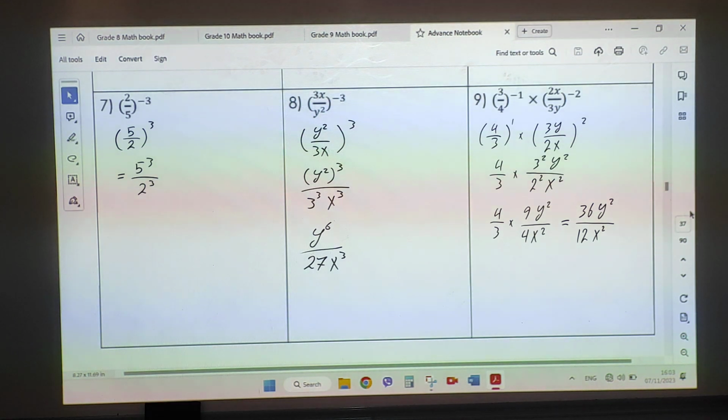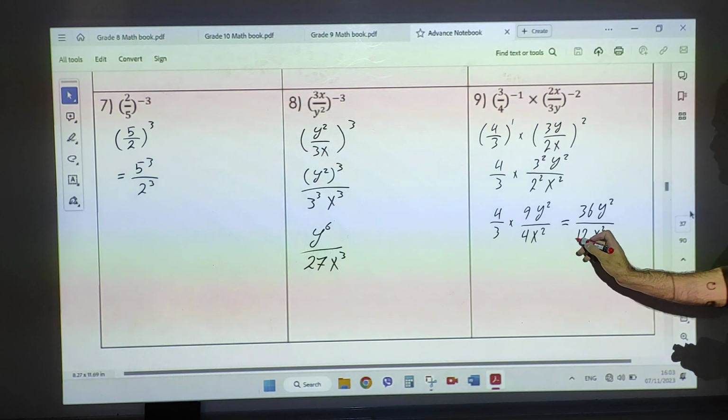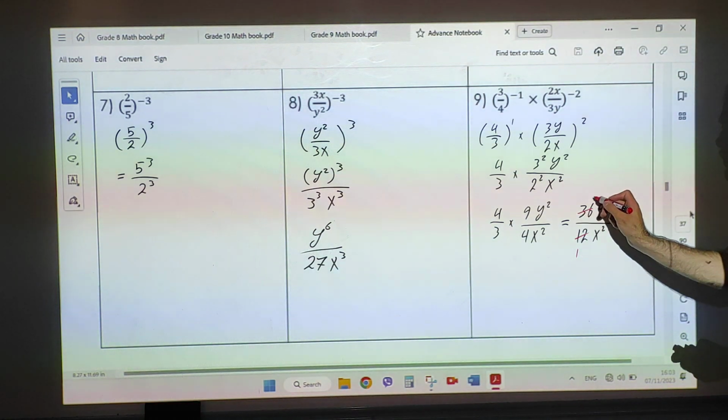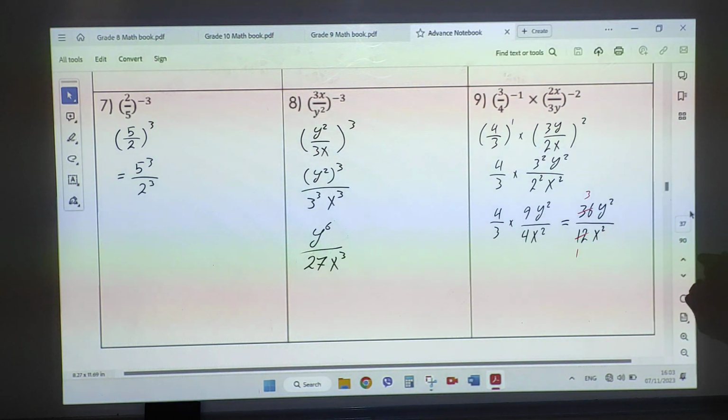All the cases are possible. Whichever you think is easier, you can do that. But now 36 divided by 12 is 3, and 12 divided by 12 is 1. Even if you do the other steps, divide by 2, divide by 2, then go step by step, you will get the same.